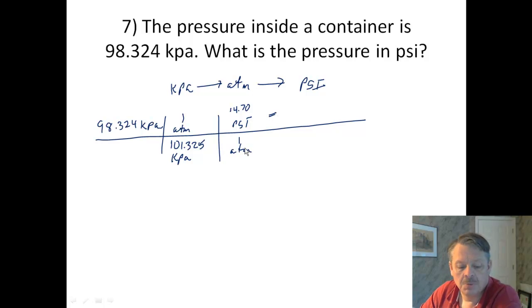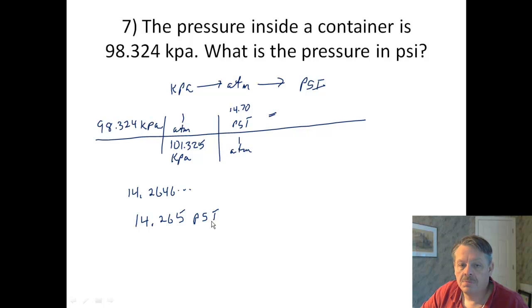I multiply this whole thing out, and I get 14.2646, and so on. So I have to round to 5 sig figs, which is 14.265 PSI. And 14.7 is 1 atmosphere, so that's just slightly under 1 atmosphere. All right, let's keep going.